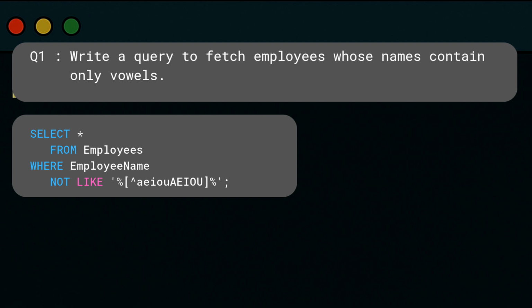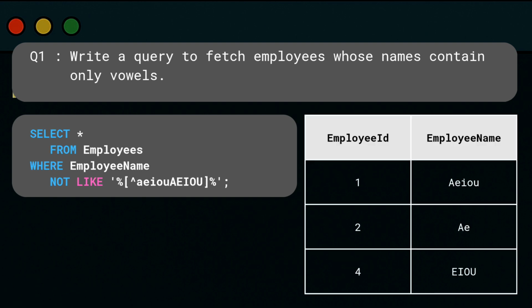Did you notice? We used not like for pattern matching. And what do we have in the square bracket? A not symbol with all the vowel characters, that actually represents only the consonant characters. So, we are actually checking that the characters in the name are not like the consonants.